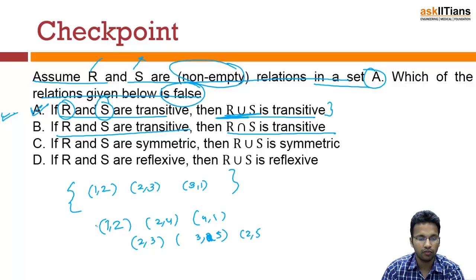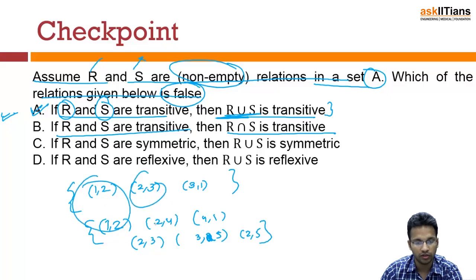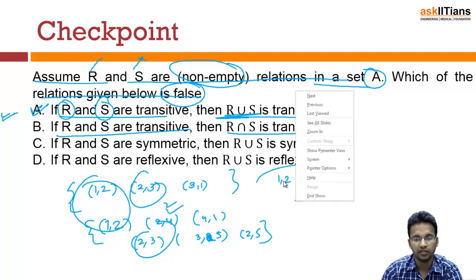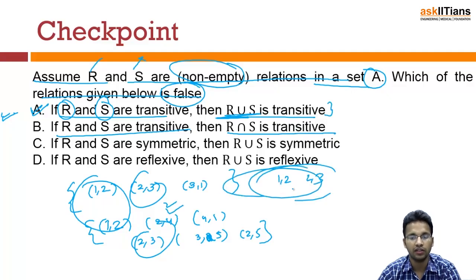Now both of them are transitive, but if you solve for the intersection, what are the elements common? 1, 2 and 2, 3. Although these two are transitive individually, their intersection is not at all transitive, okay.